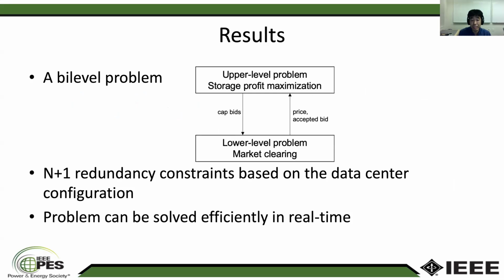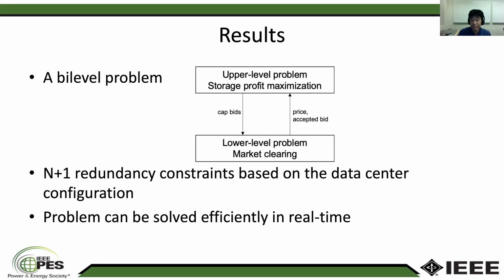On one level, the data center owner wants to maximize the profit, let's say in a regulation service, but still needs to satisfy the N+1 redundancy constraints. On another level, you need to figure out how much capacity you should bid into the market, and that depends on your load forecasting and how much load you think you will have. All this together forms the decision you have to make.